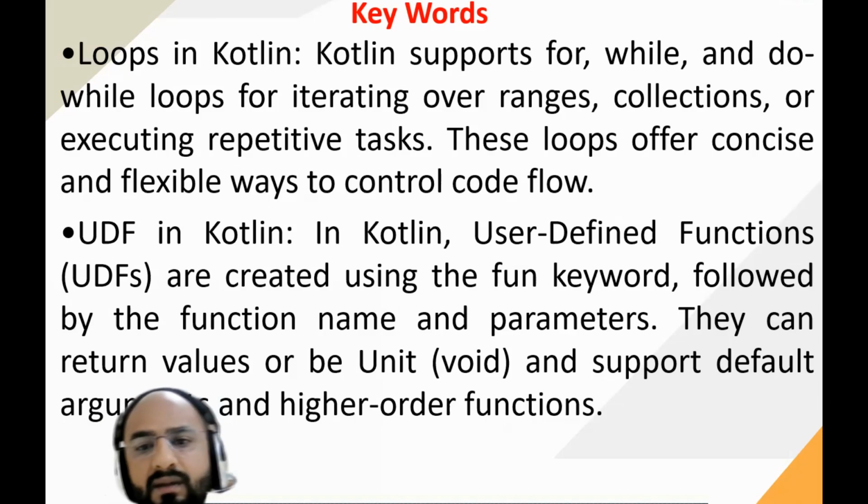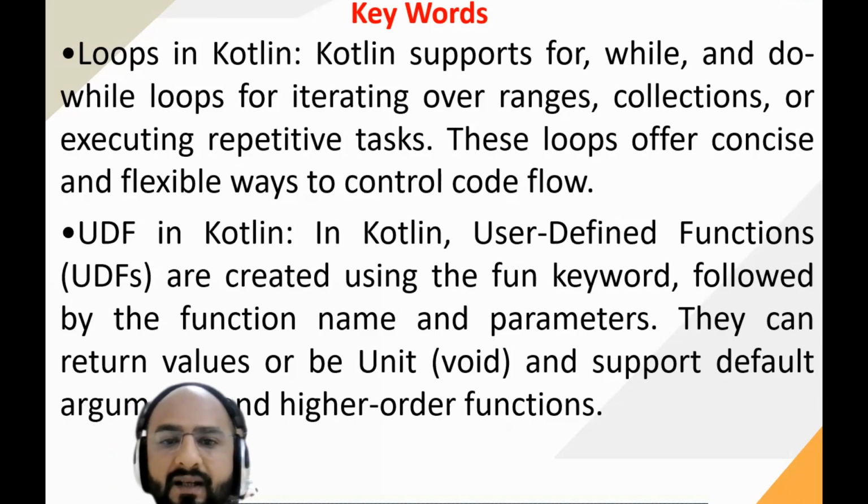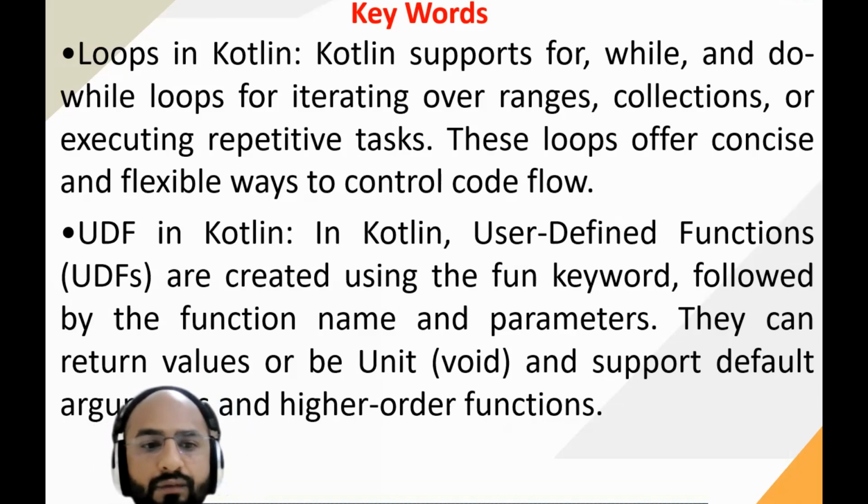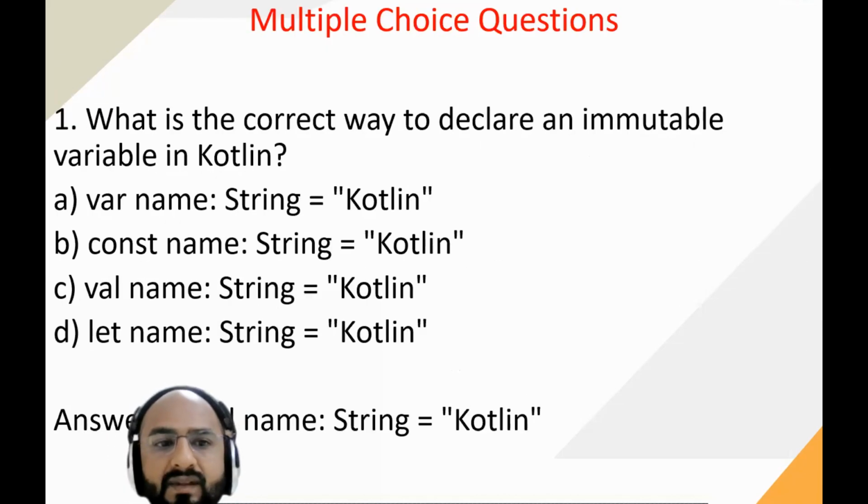UDF in Kotlin: user-defined functions are created using the fun keyword followed by the function name and parameters. They can return a value or be Unit, and support default arguments and higher order functions.